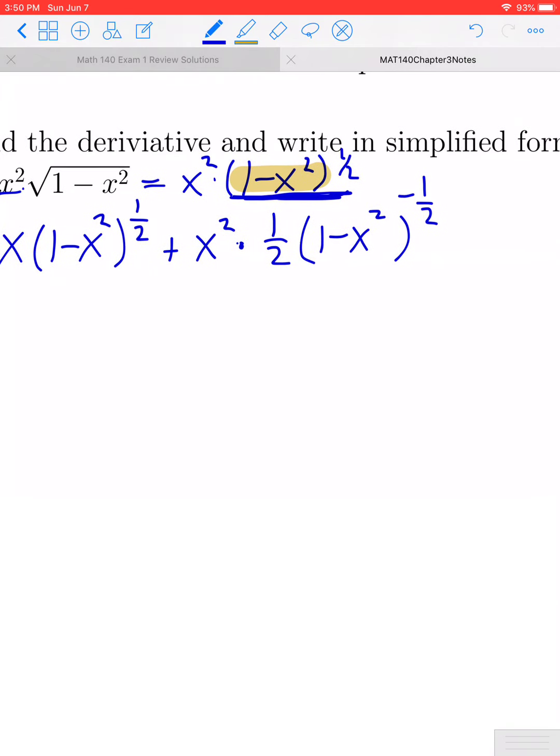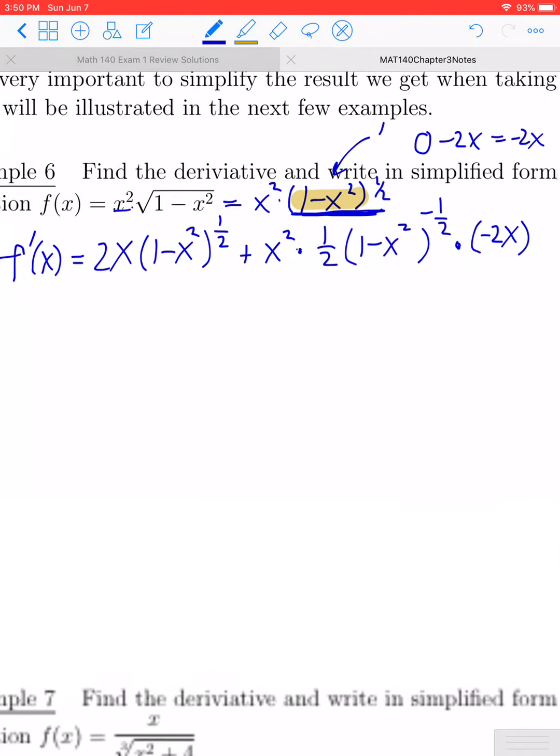And then from the chain rule, we need to multiply by the derivative of the inside function. Be careful with your sign here. The derivative of 1 minus x squared would be 0, because the derivative of a constant is 0. So the derivative of 1 is 0. Derivative of negative x squared would be negative 2x. And so that part would be negative 2x.